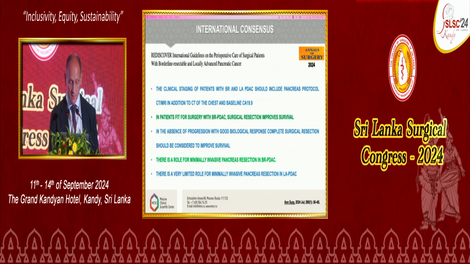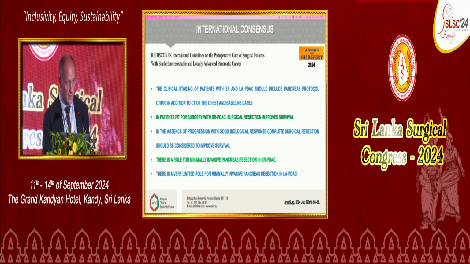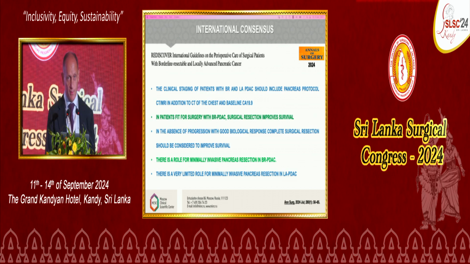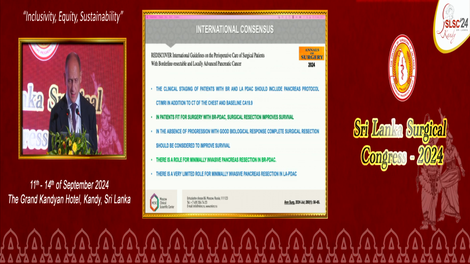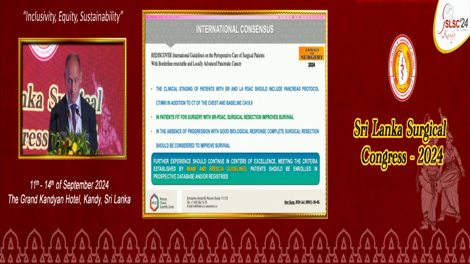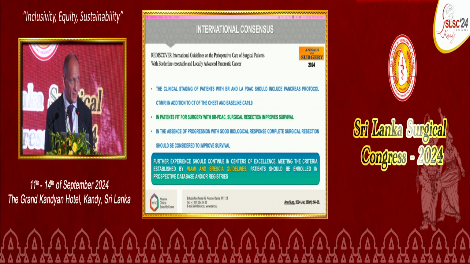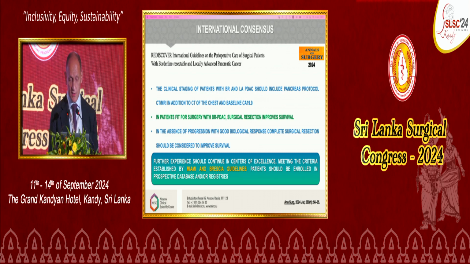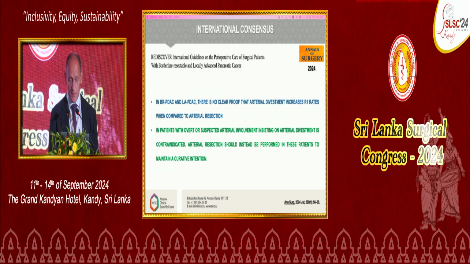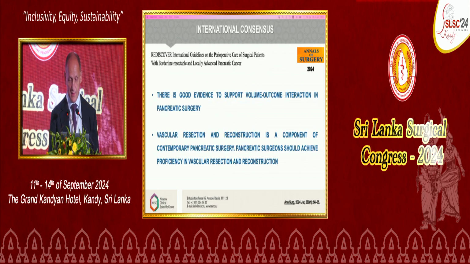So the main conclusion of this consensus is that surgery after neoadjuvant therapy, if we have a good biological response, is suitable, and it is improving overall survival for these patients. And there is a place for some laparoscopic and robotic procedures for borderline resectable cancer, but it is doubtful for locally advanced cancer.